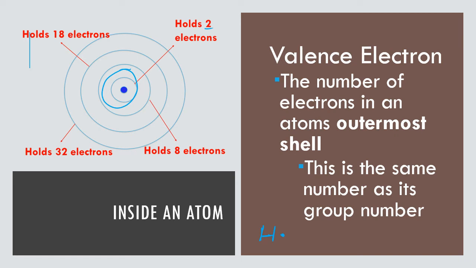So it'll seek out another element. Let's say in this case, it seeks out another hydrogen with 1 valence electron. And so essentially, the electron waves will go in a figure 8 around both elements. And that's what bonding is. They're sharing that electron.